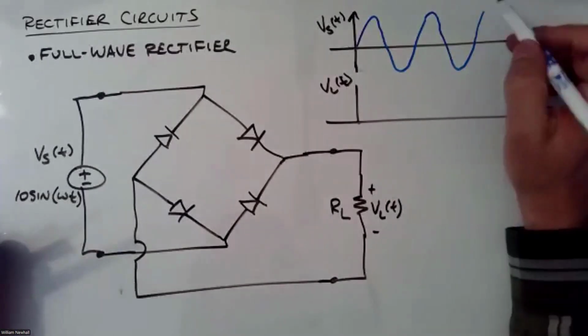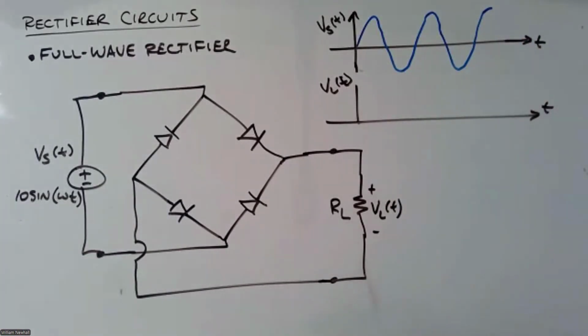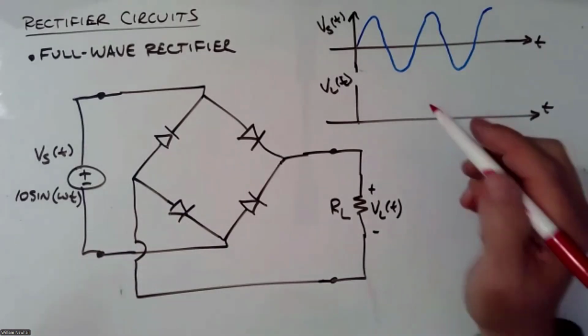Something like that. Okay, let's talk about the possible ways you could have current flow through this rectifier, through this whole circuit, really.